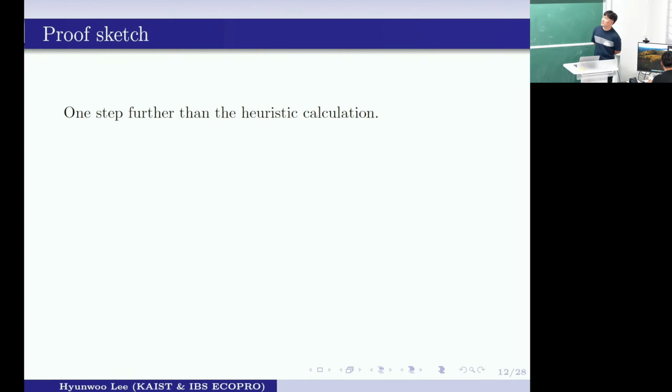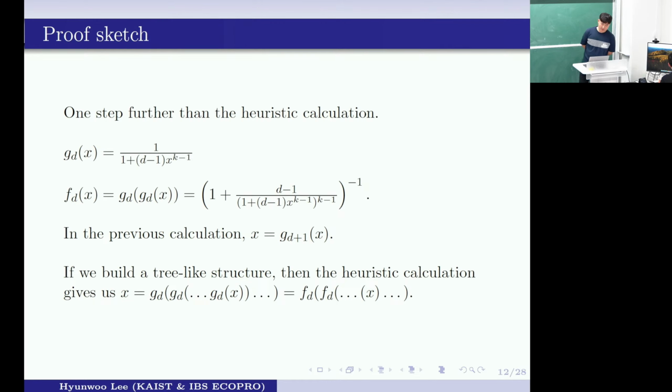The basic idea is doing one step further than the previous heuristic calculations, the complicated calculations. So now let me define these two functions: g_d(x), which is 1 over 1 plus (d minus 1) times x to the k minus 1, and f_d is a composition of this function g_d. Then it is just this formula. In the previous heuristic calculation, we solved this equation: x equals g_{d+1}(x).